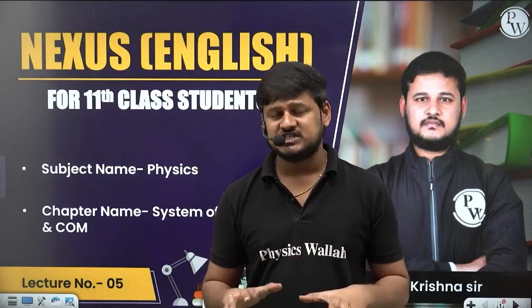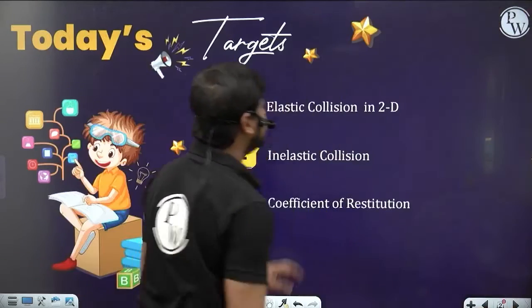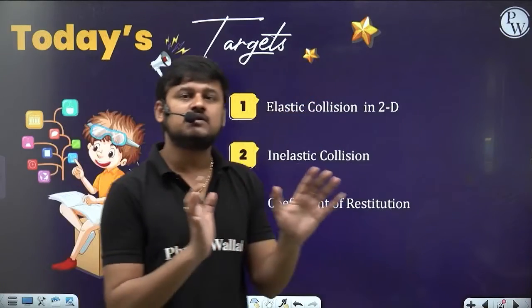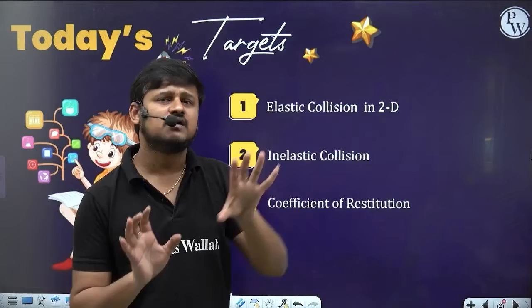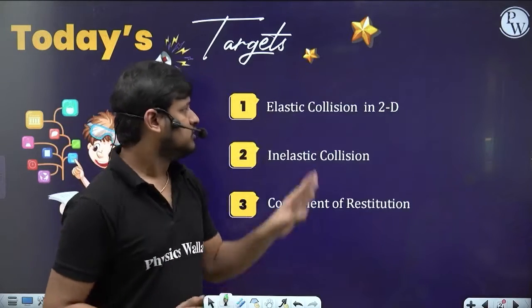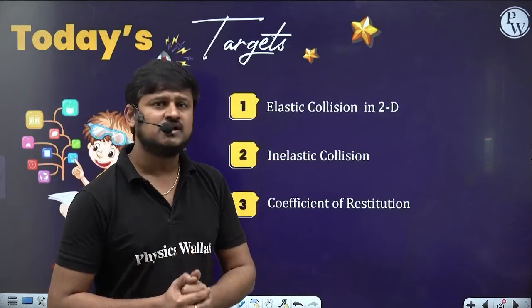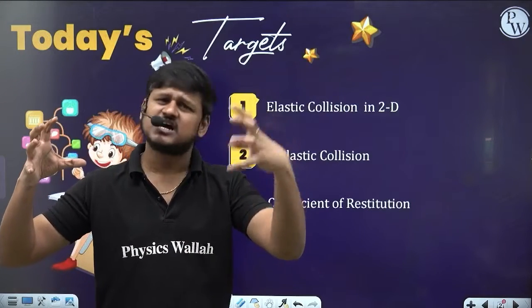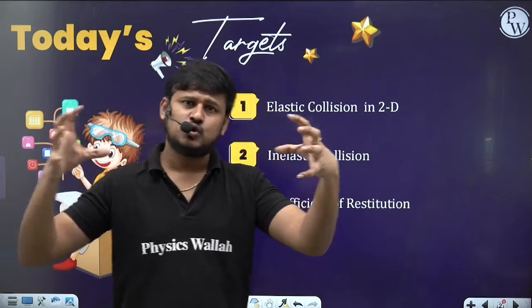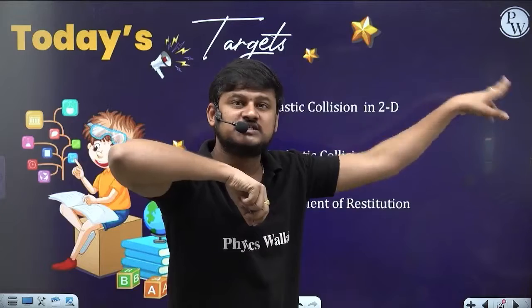In today's session, first we'll discuss elastic collisions in 2D. Till now, whatever elastic collisions we discussed were simply in 1D, one dimensional motion. So now, elastic collisions in 2D. What does 2D mean, sir? If one body is moving and another body is at rest, or also moving, and after collision one body goes this side and another body goes that side.